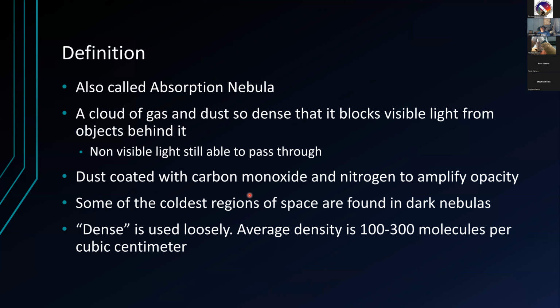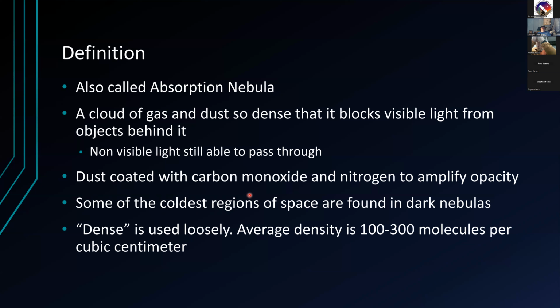They are very dense compared to reflection and emission nebulas. So dense that they're basically opaque objects, and they don't allow light to pass through them. So they essentially just look like really dark regions of space where there's nothing there, because no visible light is able to pass through them.